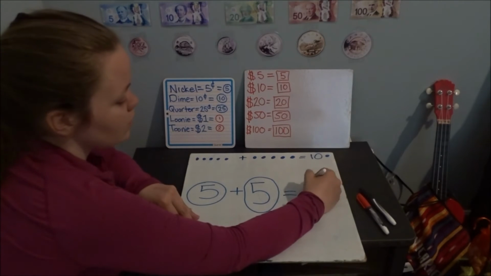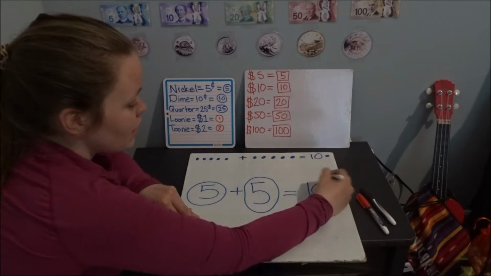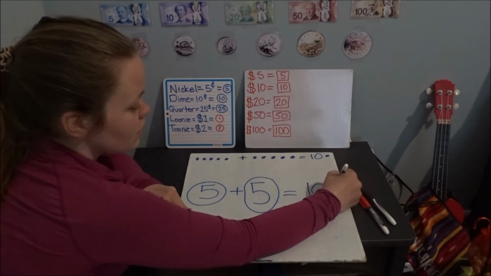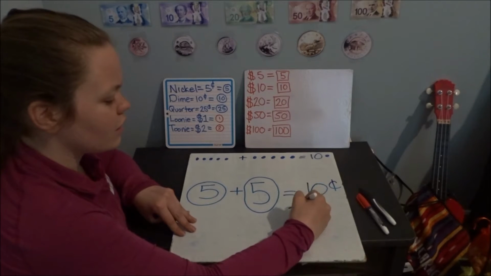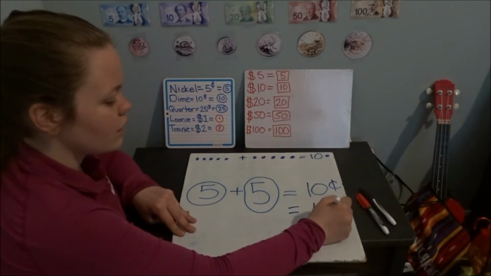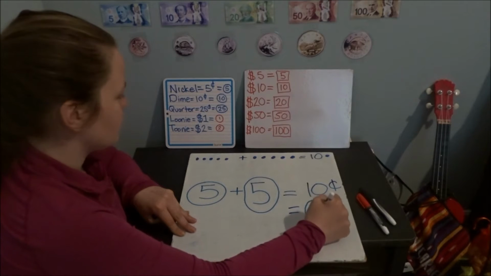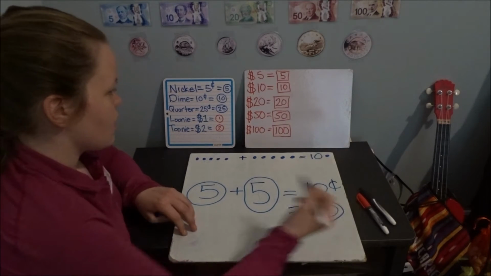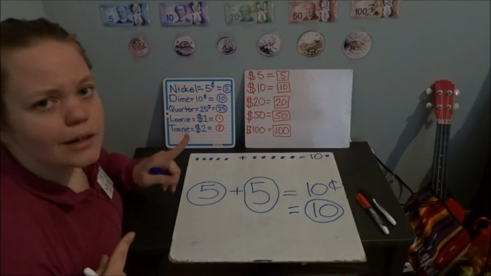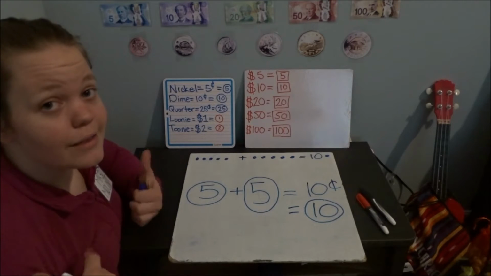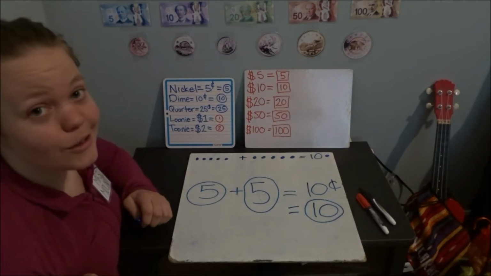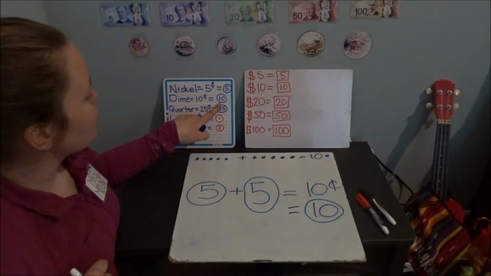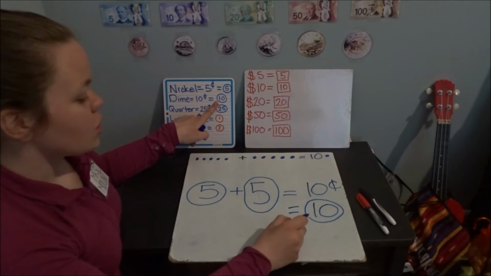So we know that we have 10 cents. Now, that can also look like this. Do you see anywhere over here where something might look like that? You're right, if you were looking at the dime.